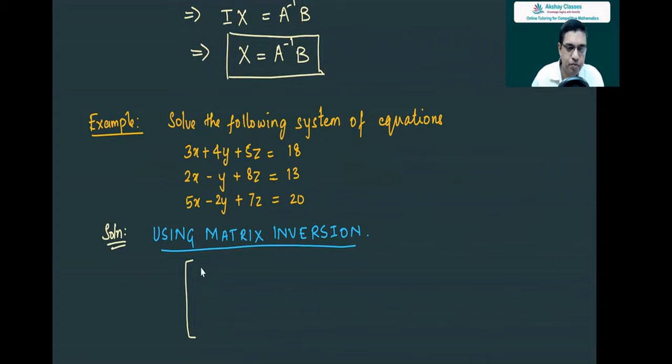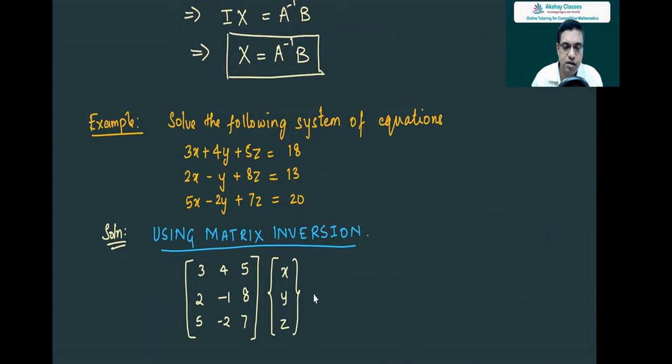Three, four, five. Next line, 2, minus 1, 8. 5, minus 2, 7. So this is A. A times the unknowns X, Y, Z, and the constants are 18, 13, 20.